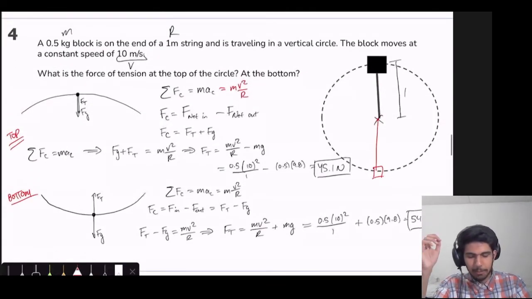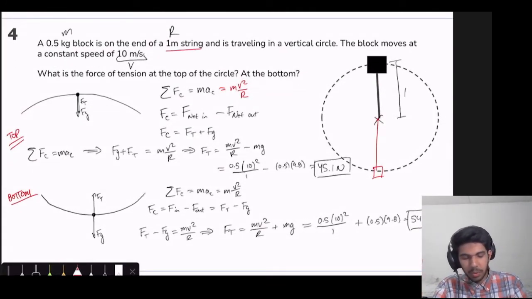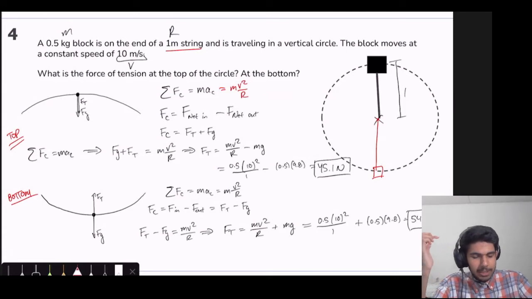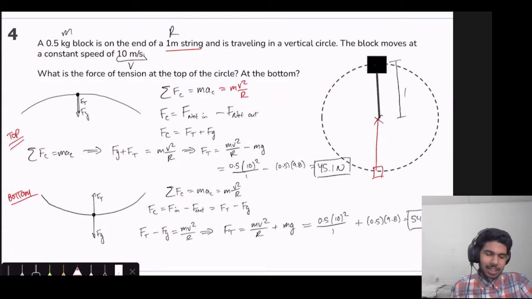Let's go back to this example here. We had a 1 meter string, and the reason for that is because this string created the radius. It's tough to explain, but if you imagine the string is tied down at the center, and the other end is tied to this block, the string creates the radius and the block travels along the circle traced out by that radius.